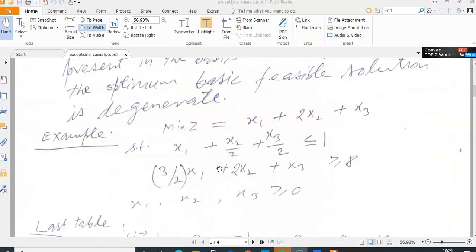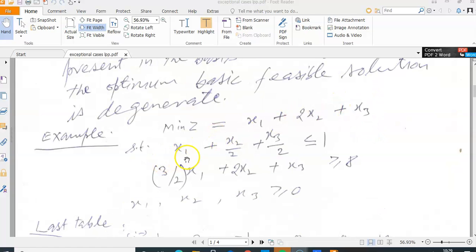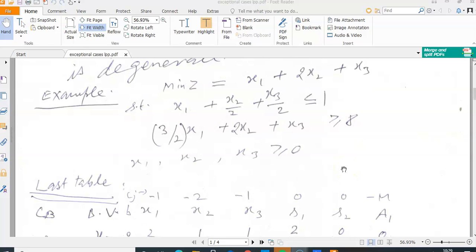For example, we can take minimize z = x1 + 2x2 + x3 subject to the constraints x1 + x2/2 + x3/2 less than equal to 1, and the second constraint 3/2 x1 + 2x2 + x3 greater than equal to 8, with x1, x2, x3 all greater than equal to 0.